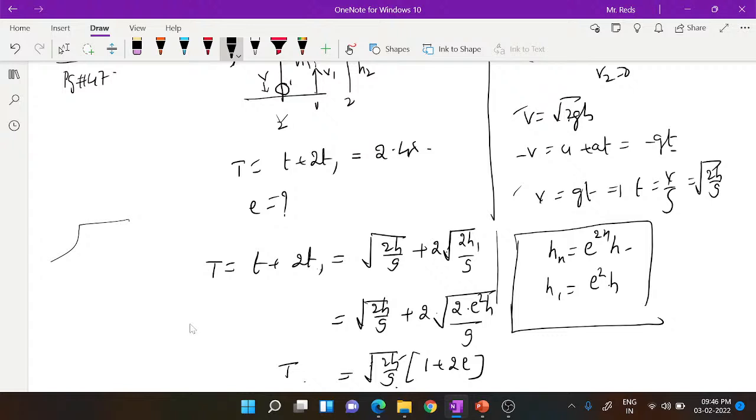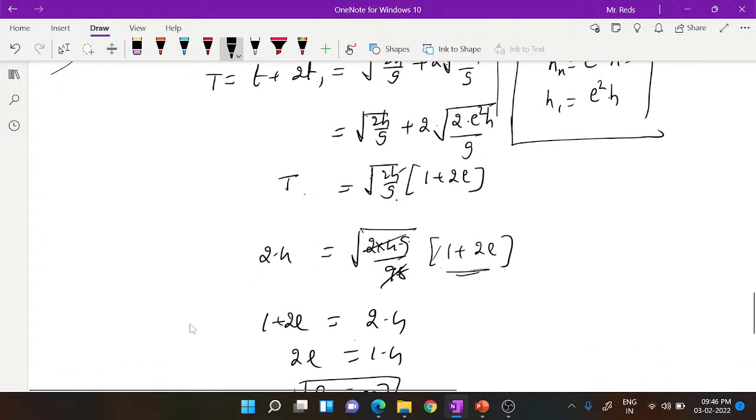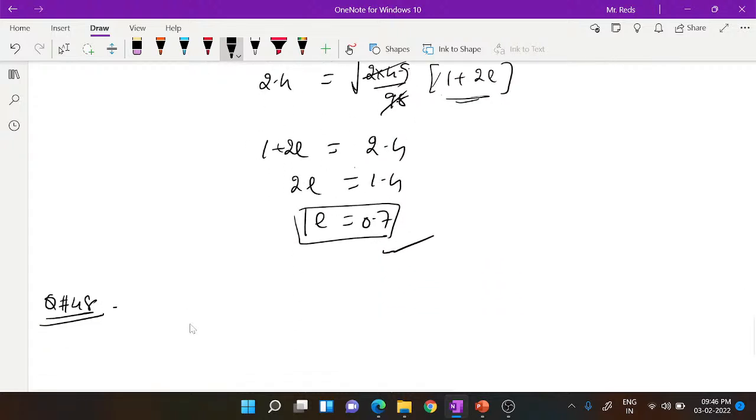Based on this point, here we have discussed the total time. If you want the total distance traveled before it comes to rest, or after the first or second collision, how to deal with that is given in the next question, question number 48.